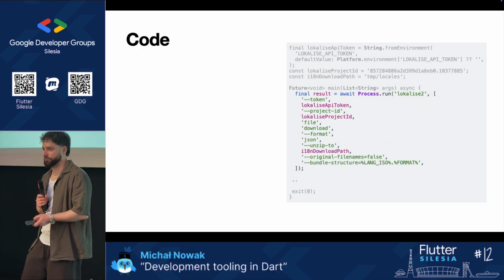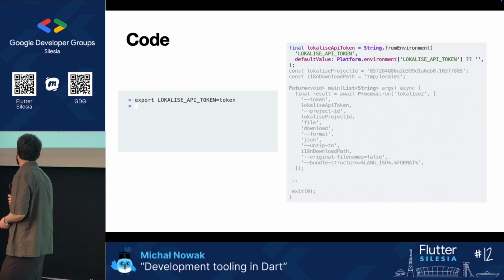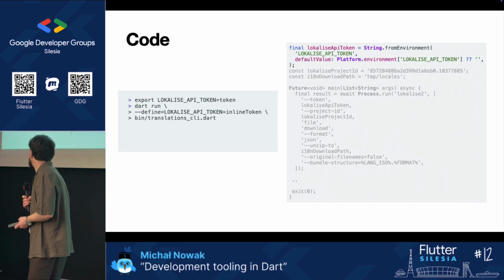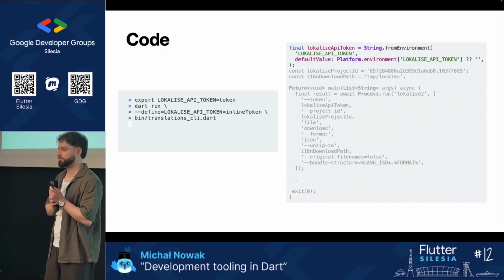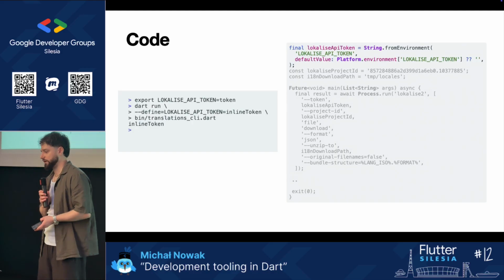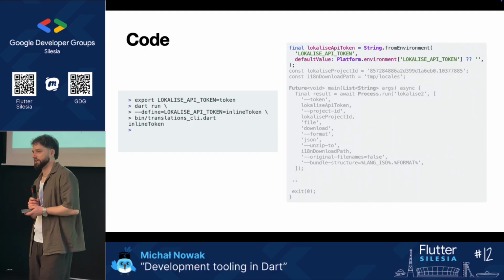It's not really that important what it is there, but it also requires us taking the token out of the Localize platform. So it's really good practice to keep this out of source control, because we don't want those tokens to be leaked into the code.